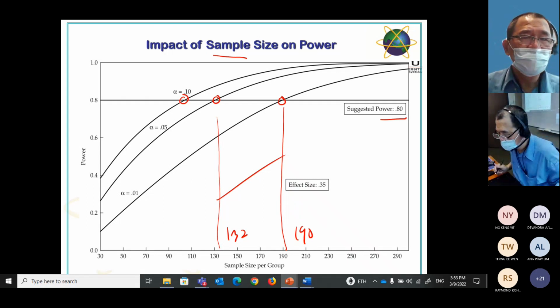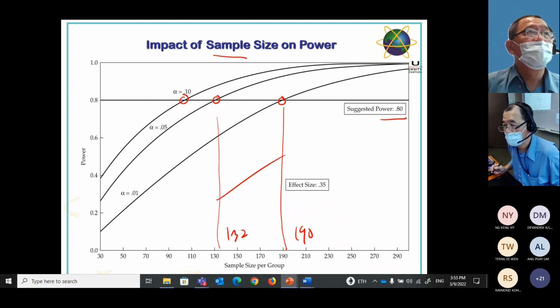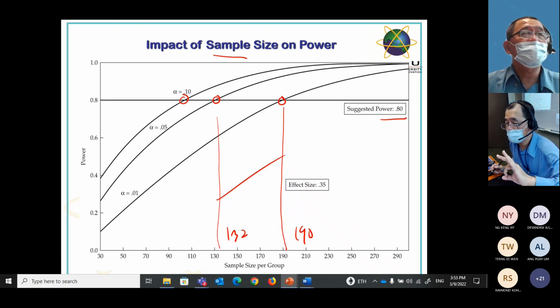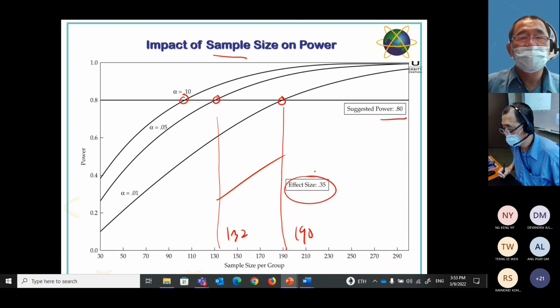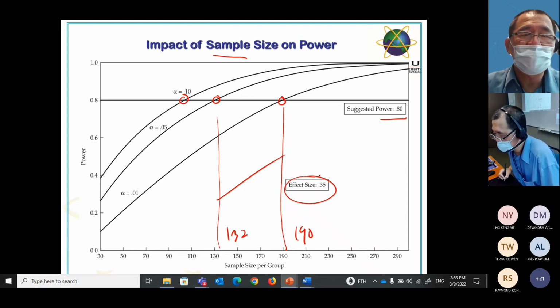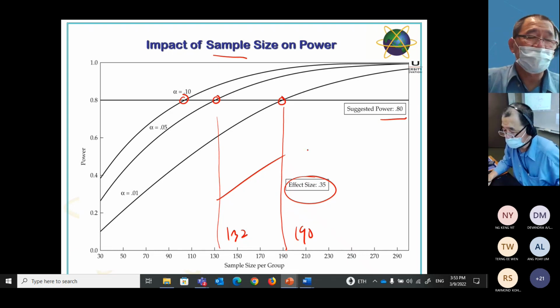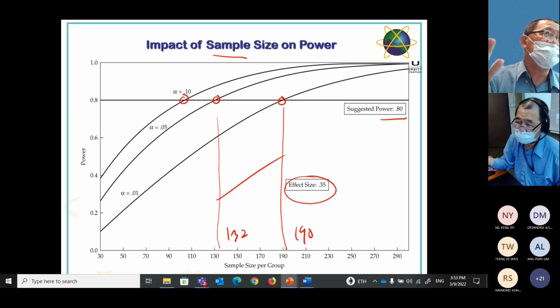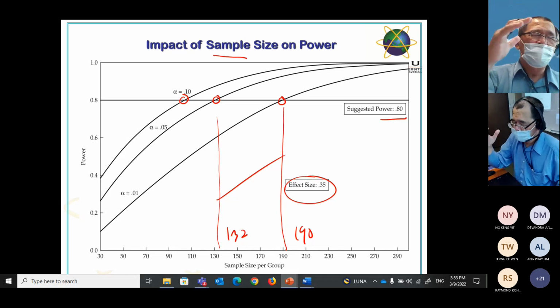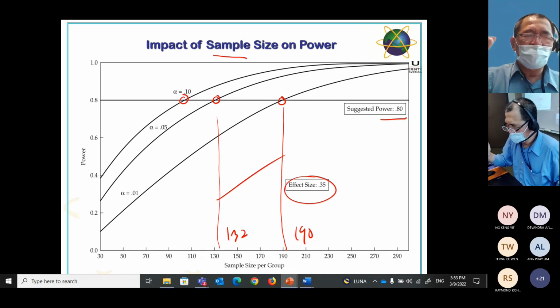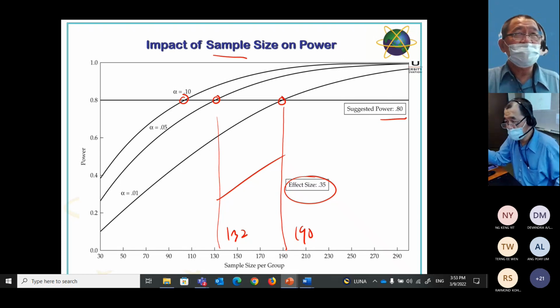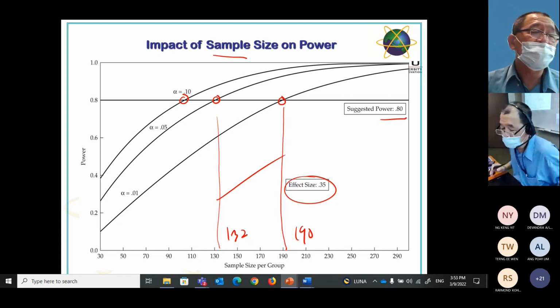So the power depends on these two variables, the sample size and the alpha, and also effect size. Here we did not handle the effect size in this diagram, but we already discussed it. A larger effect size means the power increases, and it is easier for us to reject the null hypothesis.